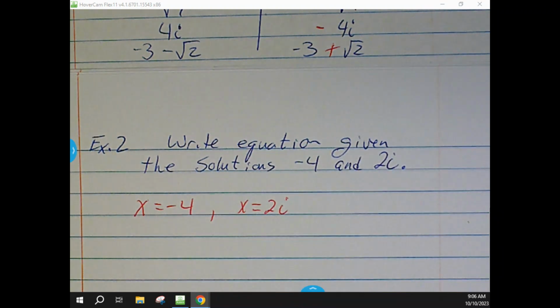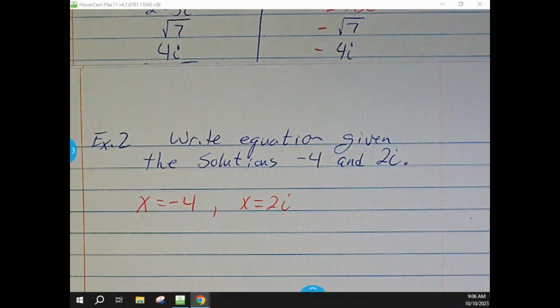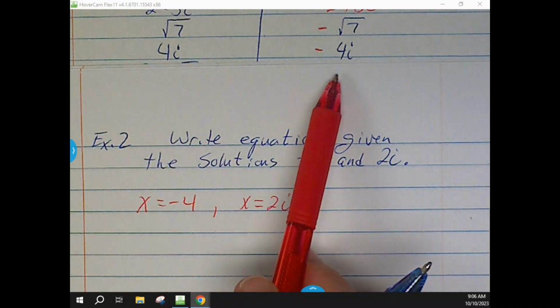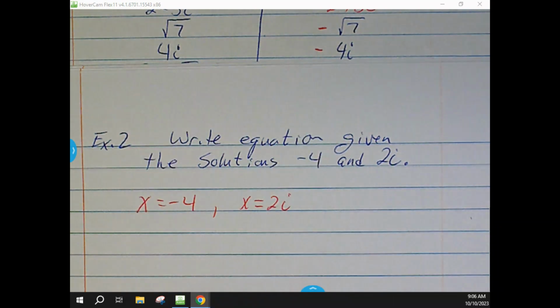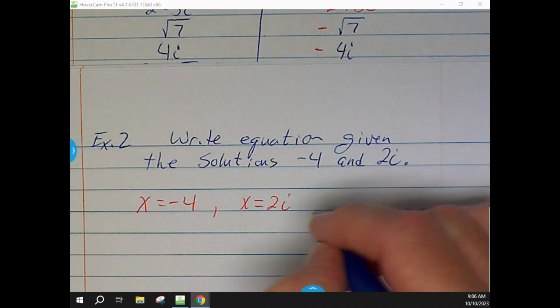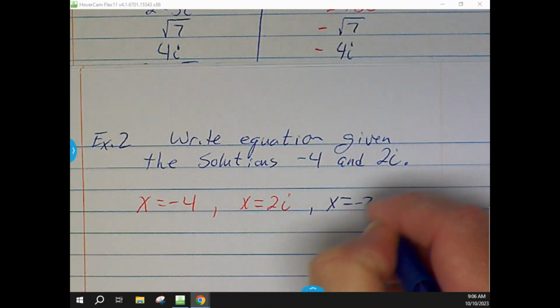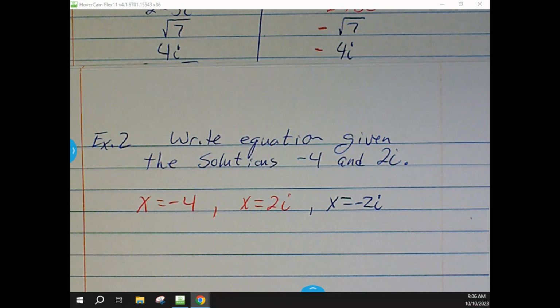Okay, so we've got those two solutions. But again, like we had with 4i, if you've got 4i as a solution, negative 4i is also a solution. So for this one, if we've got x equals 2i, you also have to know that x equals negative 2i is also a solution.